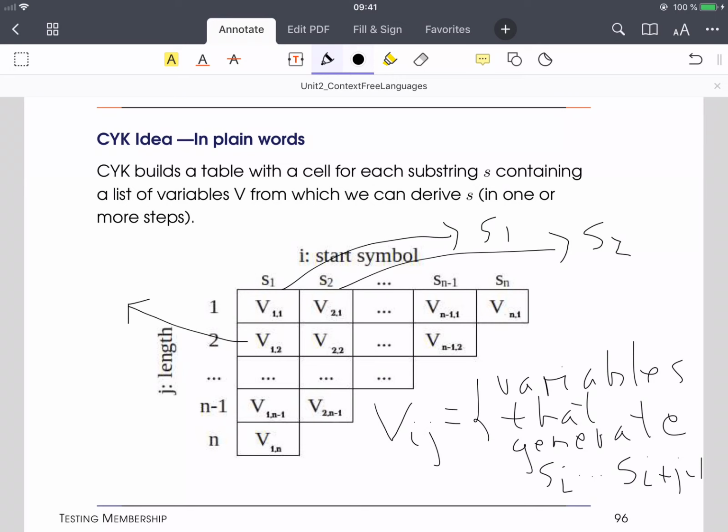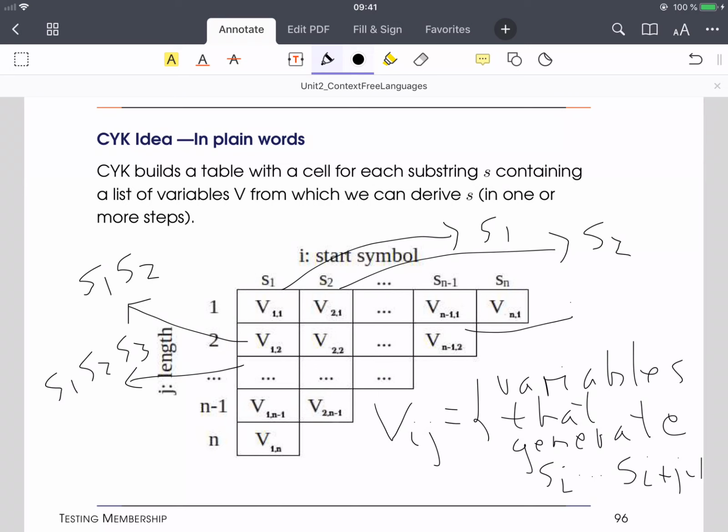Here we are in length 2, so we write the variables that generate the string that starts in s1 and ends in s2. Here, this is length 3, we write the variables that start in s1 and have length 3, so they go all the way to s3.